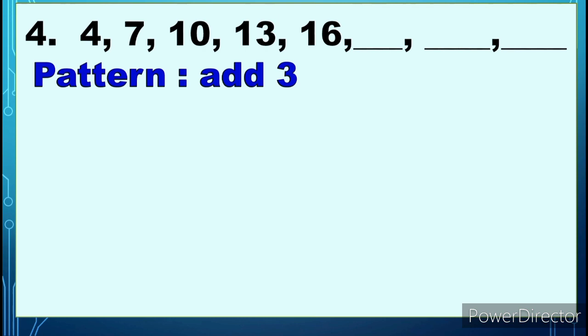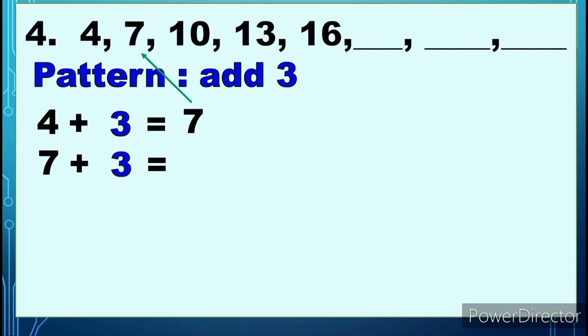Okay, again. So, let's have the first term, 4. And then, add 3. Equals 7, and that is the next term. From 7 plus the pattern 3 equals 10. Then we have the next term 10.